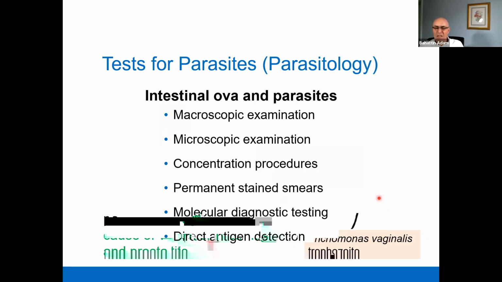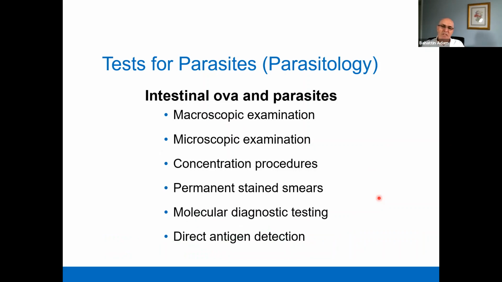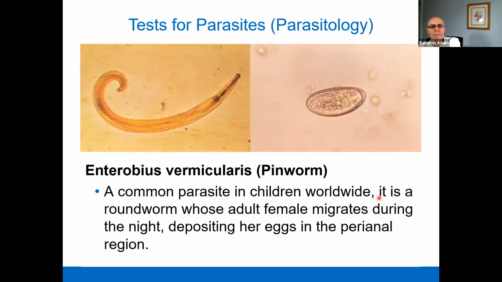Sometimes you need to concentrate the sample in order to be able to see the parasites. Permanent stain of the smear, molecular diagnostics, and direct antigen detection are also techniques that we are using to identify the cause of the parasitic infections.